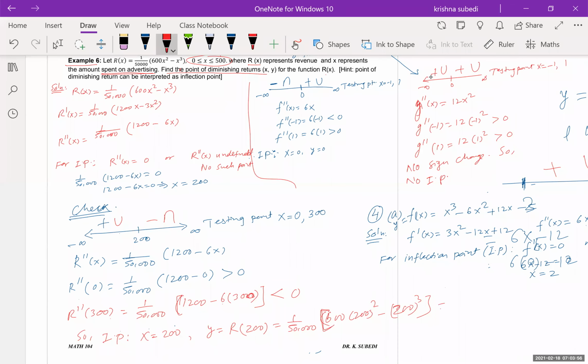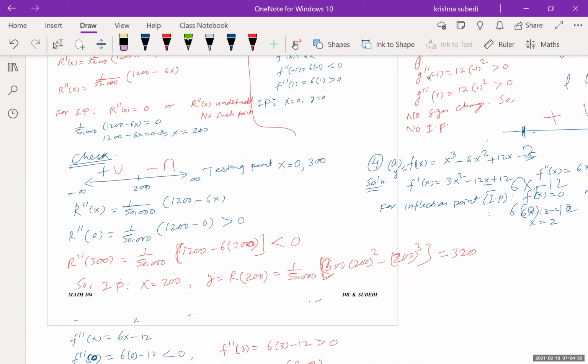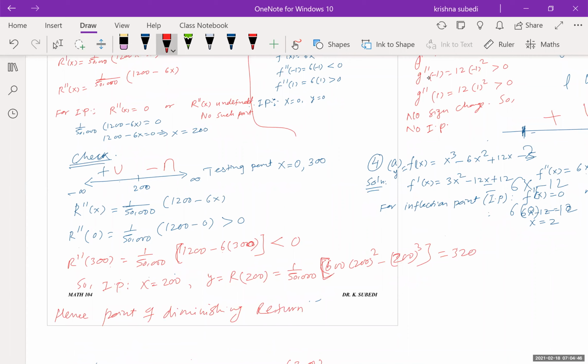And then if you simplify it, you're going to get 320. Then your inflection point, which means diminishing return, hence your point of diminishing return is 200 and 320. Done. That's it.